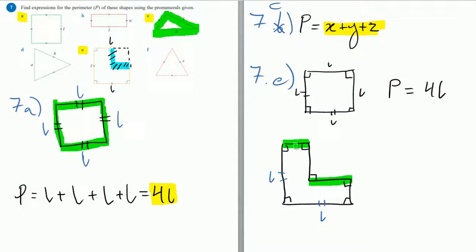If we put those two lengths together, if we draw them side by side, we'll get the same as this length. And if we draw these two lengths side by side, we'll get the same as this length.